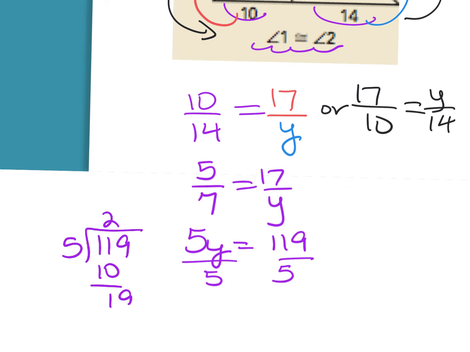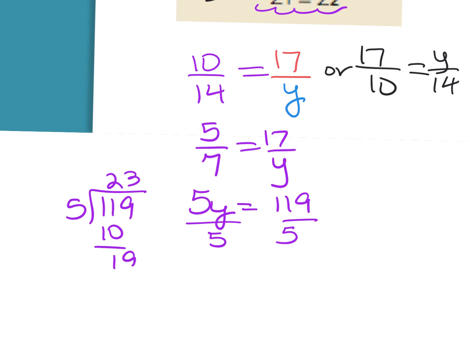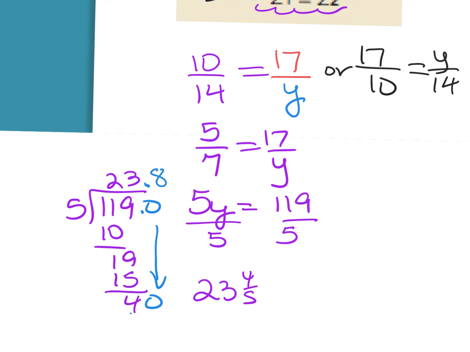Goes in here 3 times. And again, you can either say it's 23 4/5, make it a mixed number, or add that decimal point, bring down the 0, and then 5 goes into 48 times. So 23 4/5, or also 23.8.